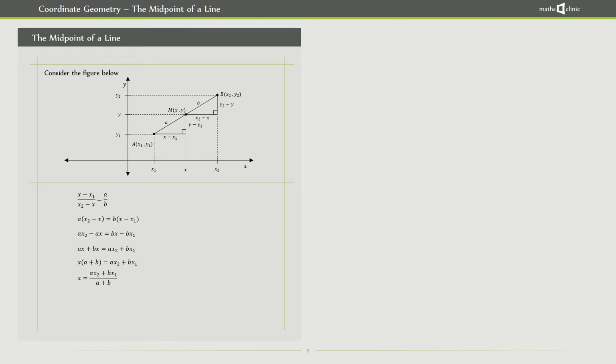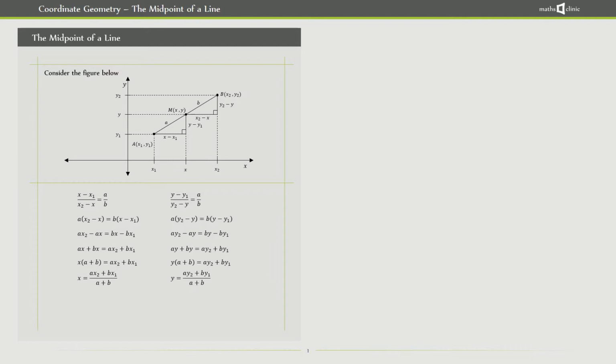So basically what we've done is we found the x value of point M in terms of a, b, x2 and x1. Similarly, we'll do the same for y, and we arrive at y equals ay2 plus by1 divided by a plus b.